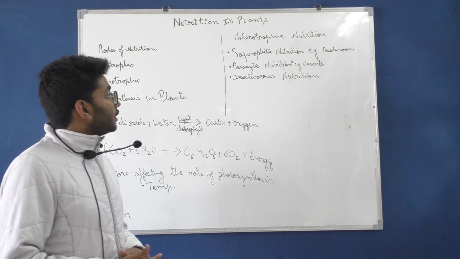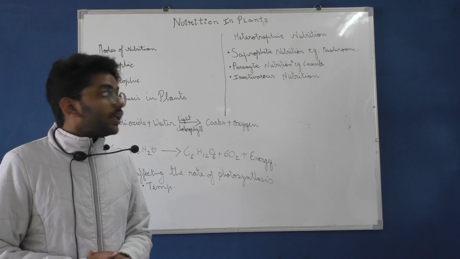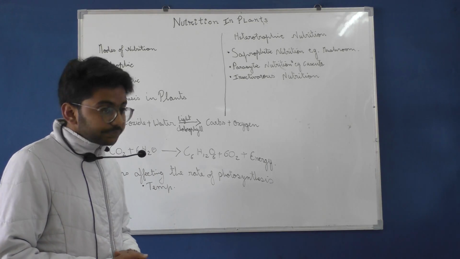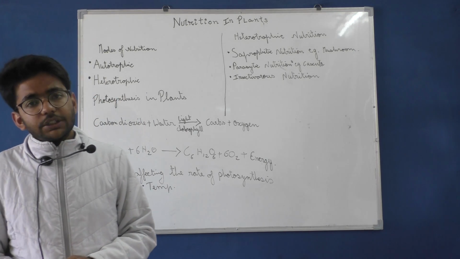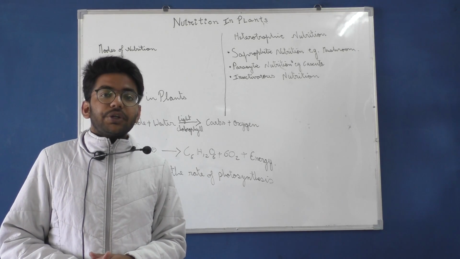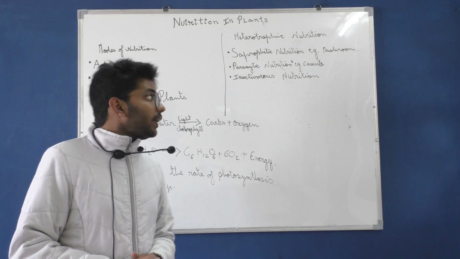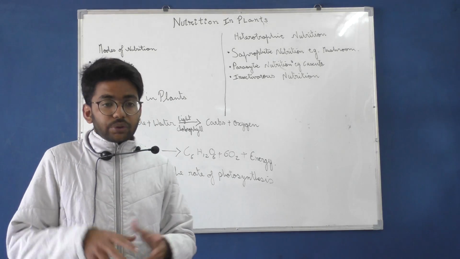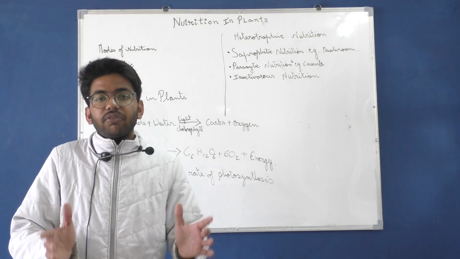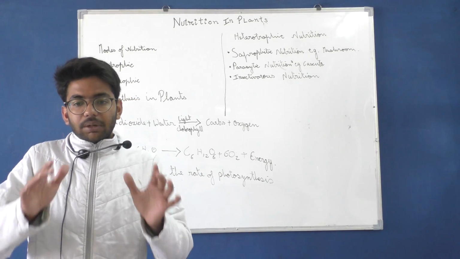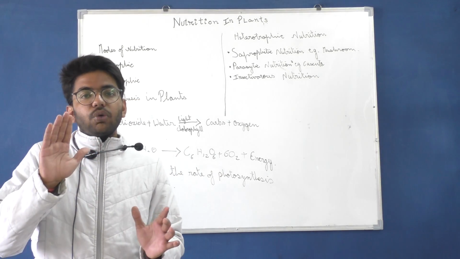Now the last thing which we are going to talk about in this unit is insectivorous nutrition. There is a plant which is known as the pitcher plant. You can search for a YouTube video of it. A pitcher plant is a plant which is in an oval shape, having an open mouth.